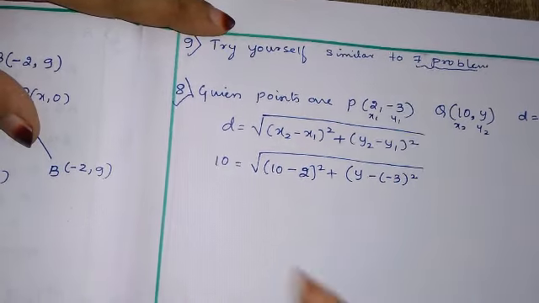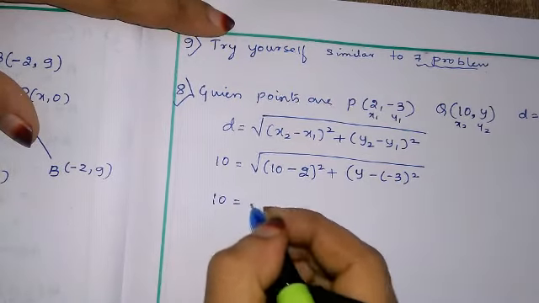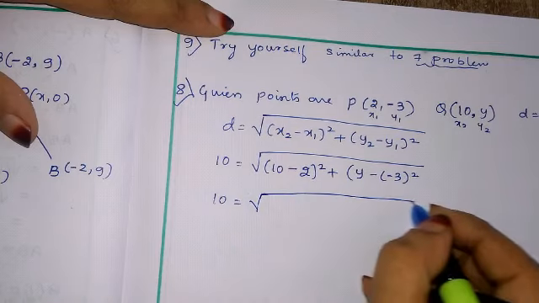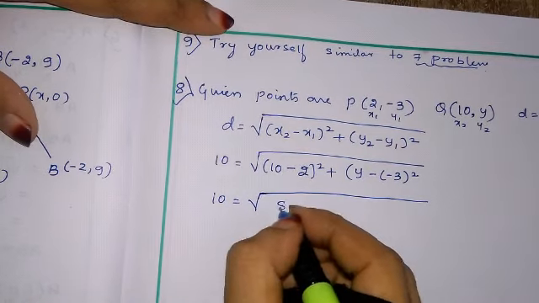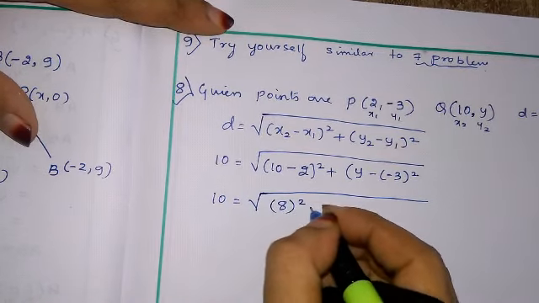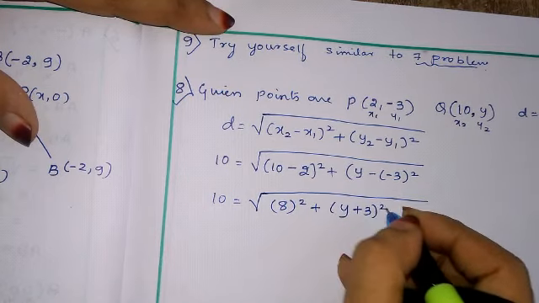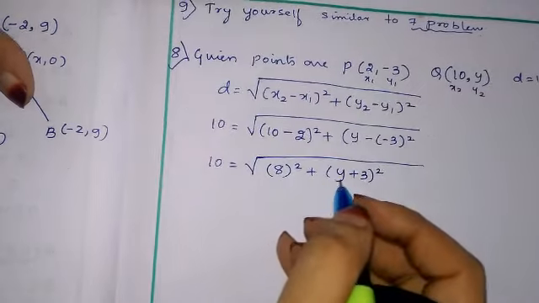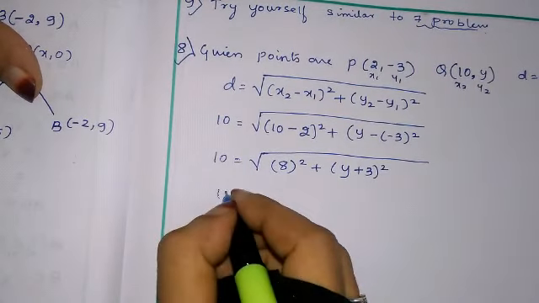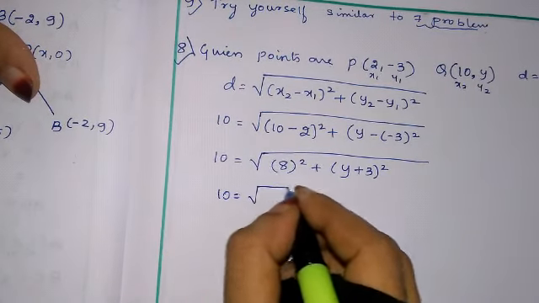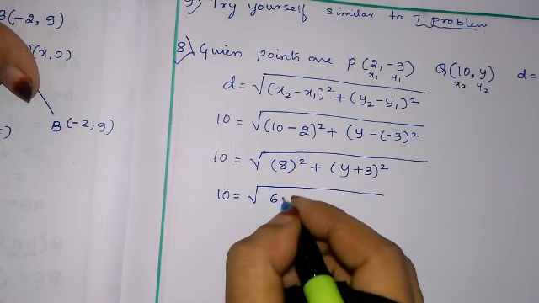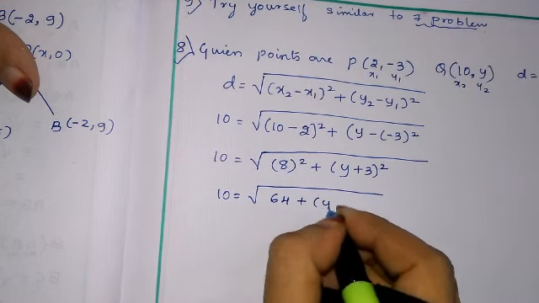I have substituted the value. 10 is equals to root of (10 minus 2, 8), 8 square plus (y minus minus is plus 3) whole square. Okay, what we got? 10 is equals to root of 8 square is 64 plus (y plus 3).